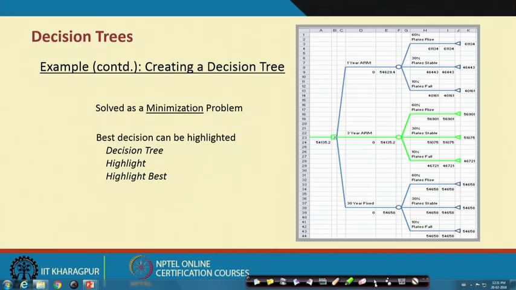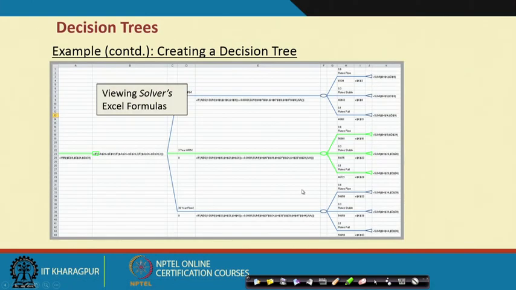After projecting all these things, we can pick the best strategy through which you can visualize the problem more effectively.